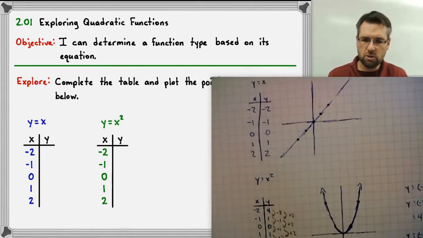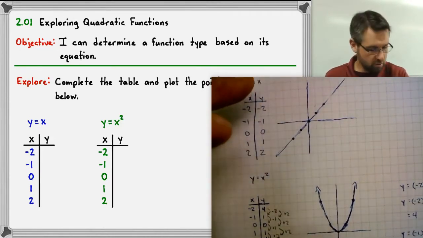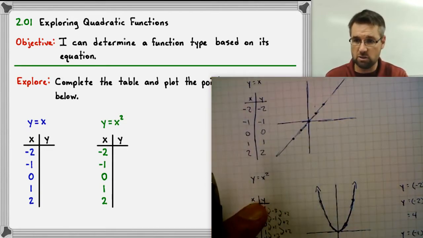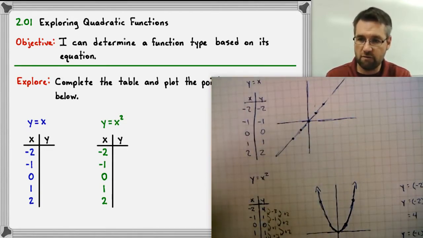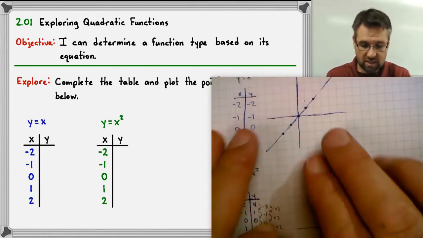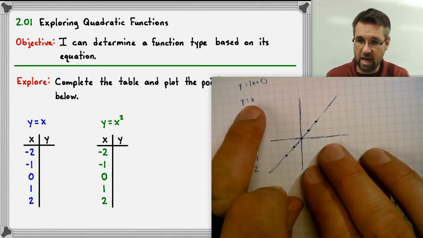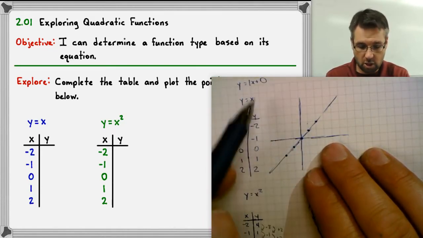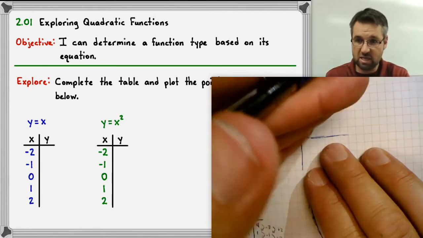Now, when I compare the two functions, I call these the parent functions. These two functions are the functions that every other function within their families are based on. This is the parent linear function, y equals x. When I change the slope in front of it, that changes the steepness of the line.